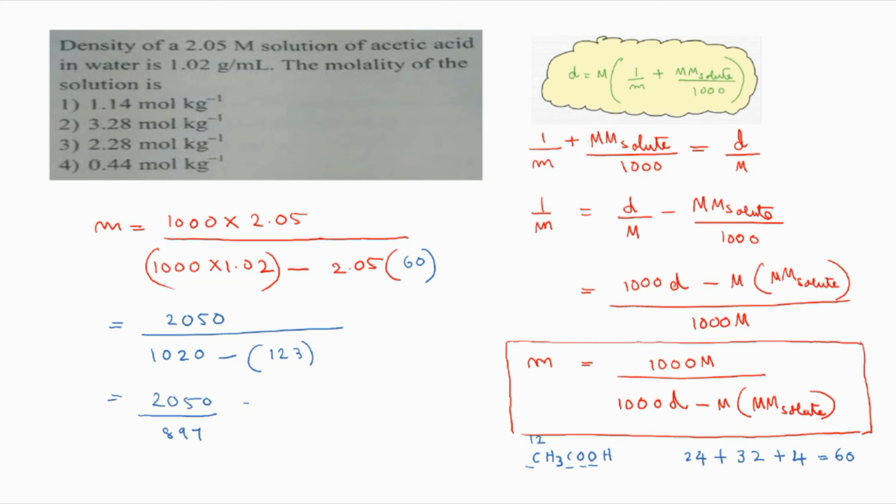You will get the answer as 2.28 mole per kg, that is 2.28 molal. What's the answer? The answer is the third one. So try to memorize this expression, and also how we can directly calculate molality. If so, a lot of time you can save. Got it? Is it easy?